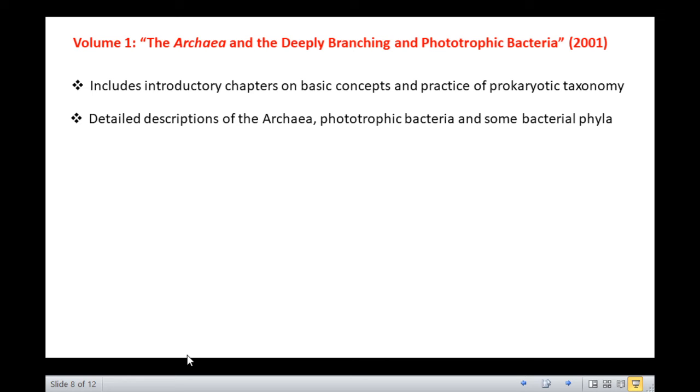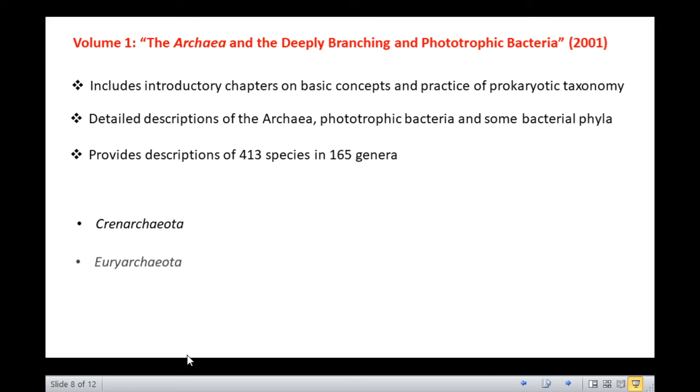Introductory chapters include the topics of classification of prokaryotes, the concept of bacterial speciation, numerical and polyphasic taxonomy, bacterial nomenclature, the etymology of prokaryotic names, nucleic acid probes and their applications in environmental microbiology, culture collections, and the intellectual property of prokaryotes.